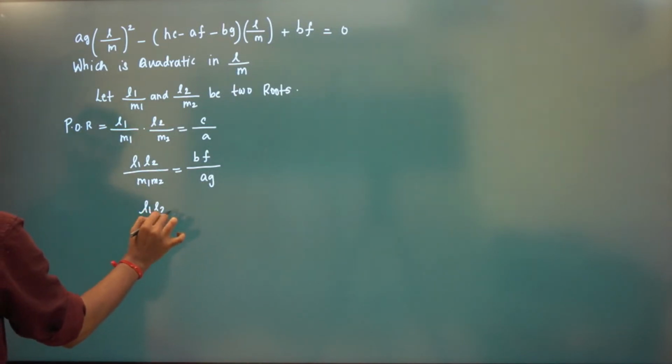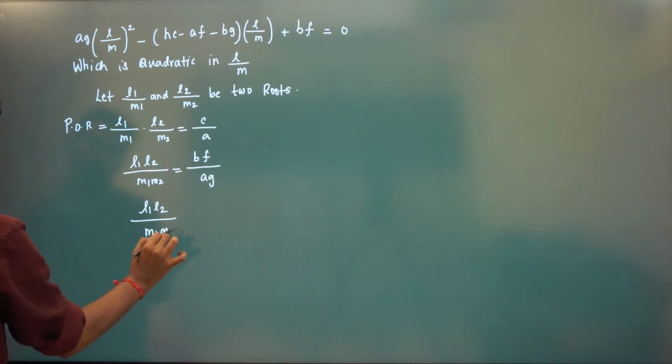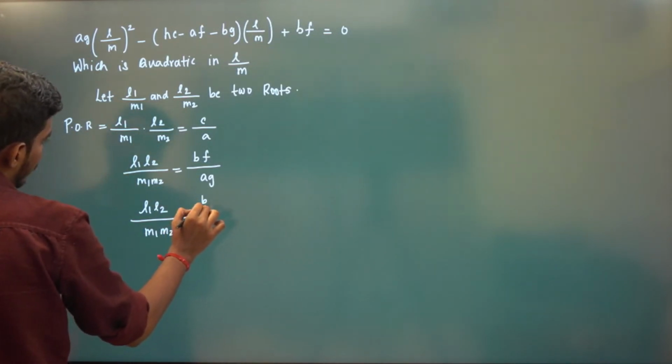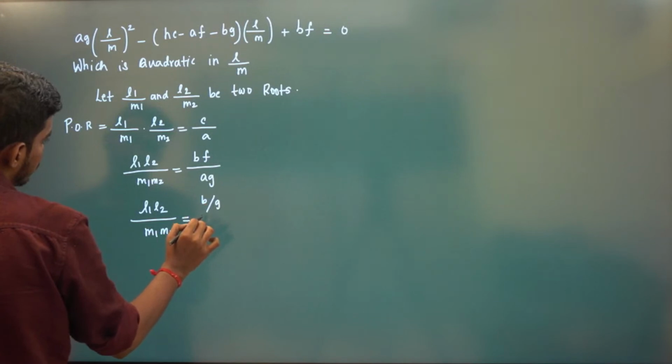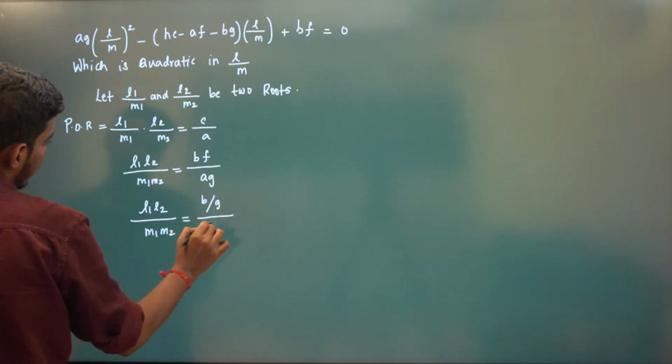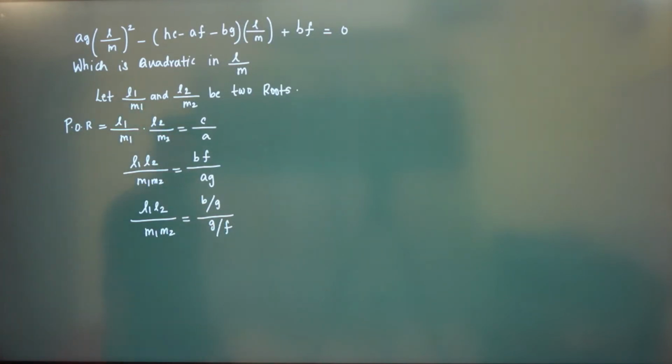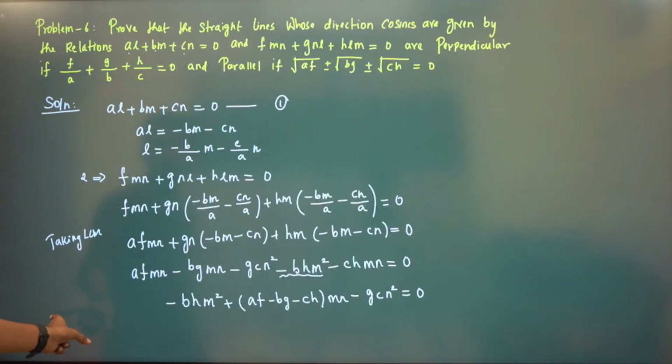So this is the same as L1 L2 by M1 M2. I can write this as B by G divided by G by F, right?